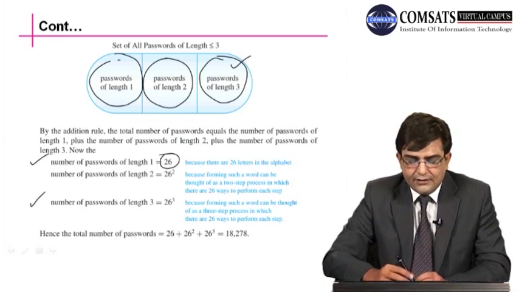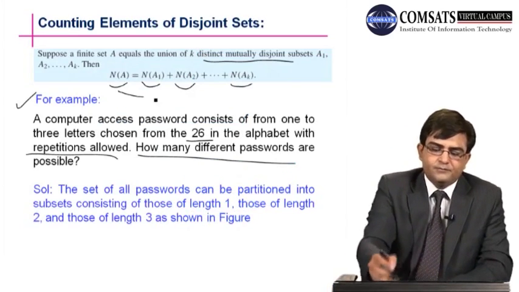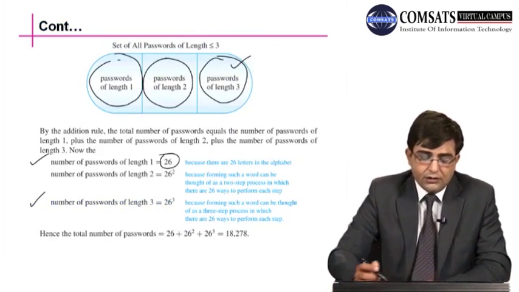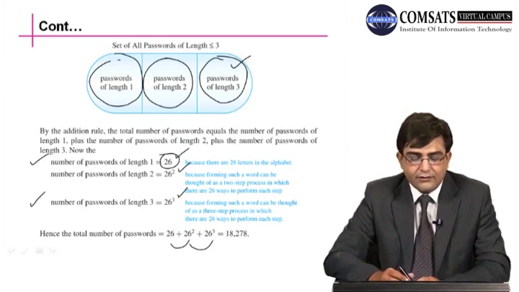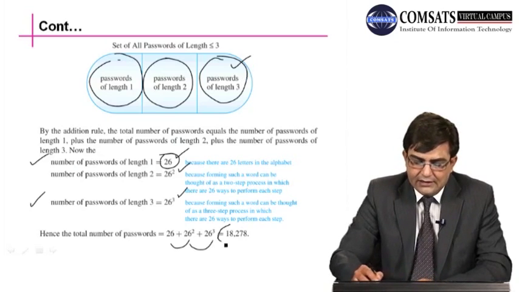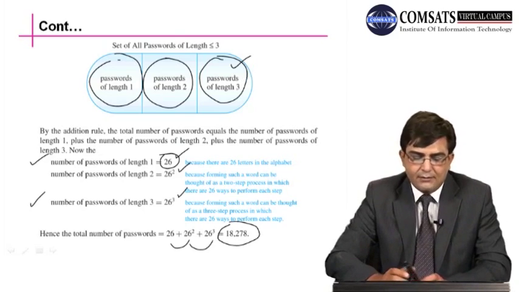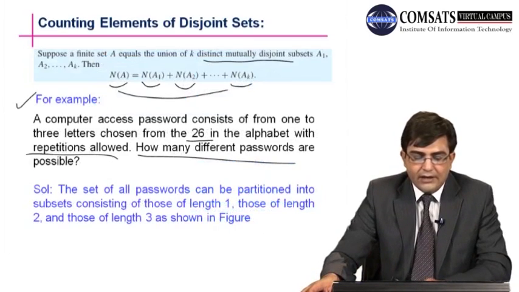And now the total number of passwords in all 3 sets is this plus this plus this. So we add up the number of elements in these 3 different sets, and we obtain that there are 18,278 possible passwords which a person can fix in his computer using these conditions.